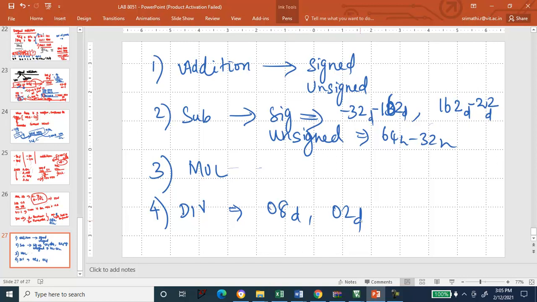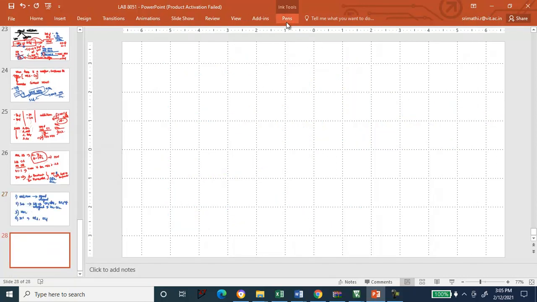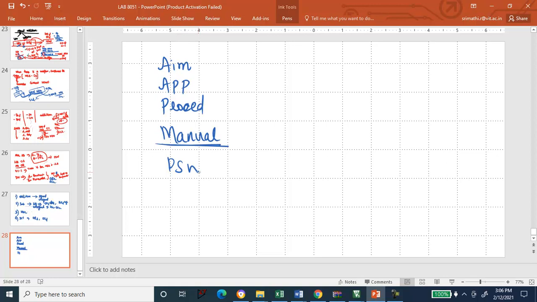These are the experiments you need to perform, and for each experiment you need to write down your aim, your apparatus required, your procedure, and step by step manual calculation for these data. The manual calculation should include your PSW register also.